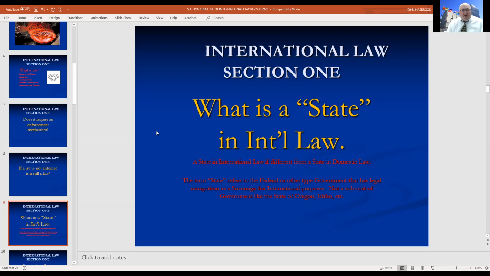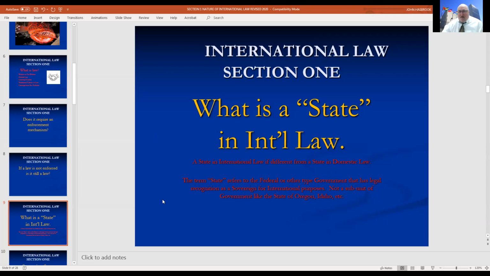So sometimes it gets a little confusing, because I'll be using the word state, and when I use that word in international law, I'm referring to the international sovereign, not a subunit of the government like a state or a province or other type of lower level county, city political unit, okay?